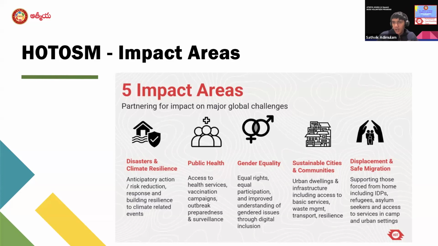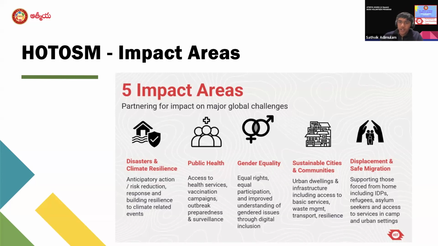And the second one is public health. With your mapping contributions, you allow disaster response teams to effectively bring medications and vaccinations to prone areas or places where disaster strikes.